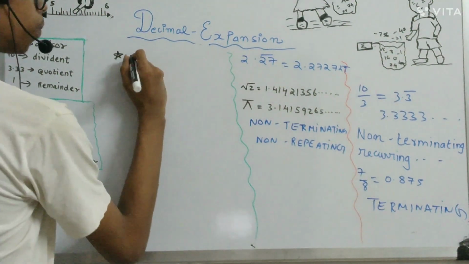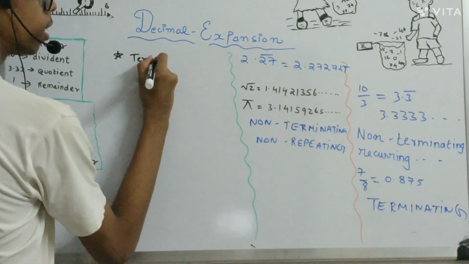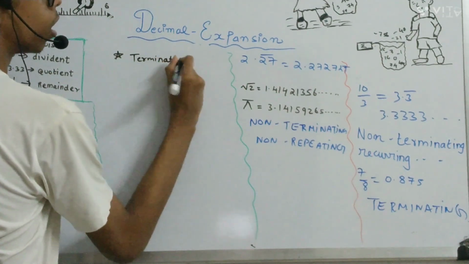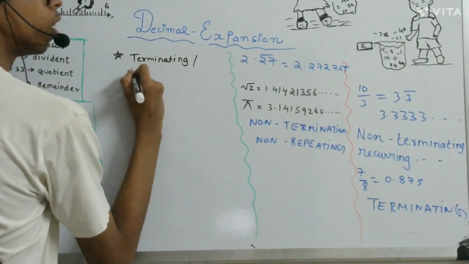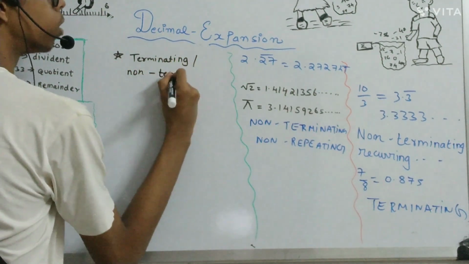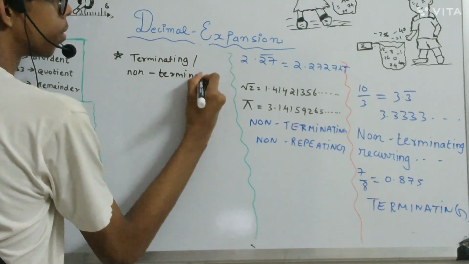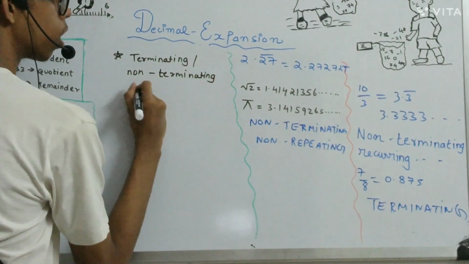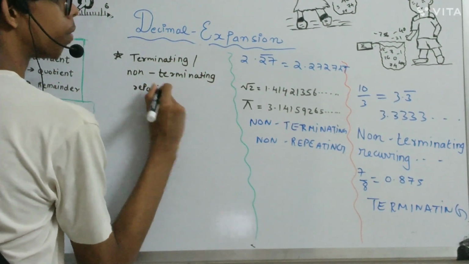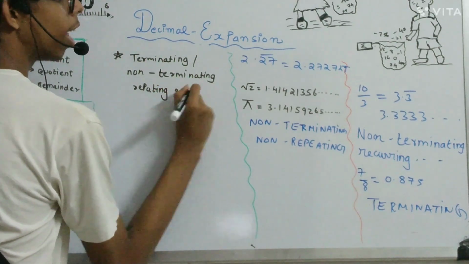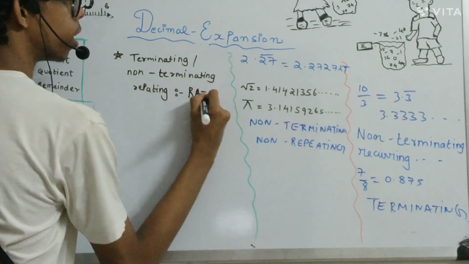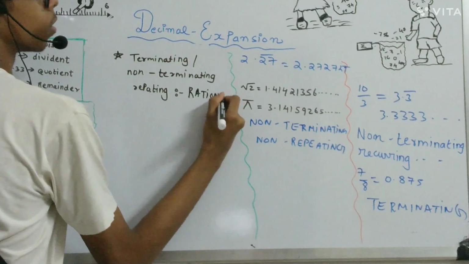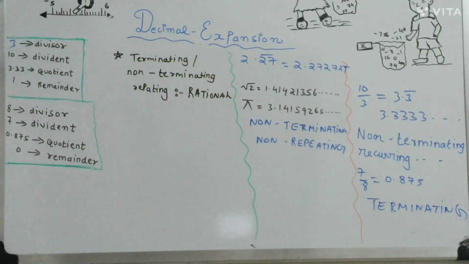I will write it for you. The terminating and non-terminating repeating are always rational. Okay.